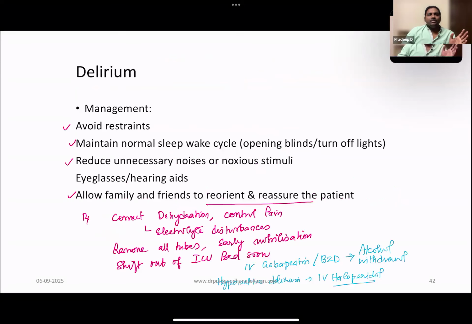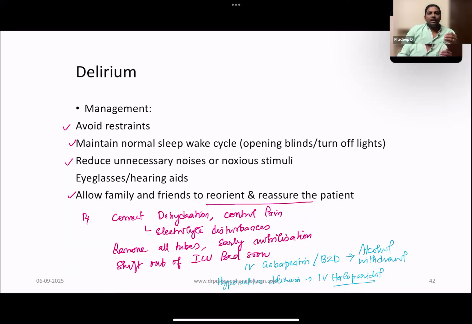The management generally includes avoiding restraints. Why? Because it will stimulate the hyperactiveness of the patient. You maintain a normal sleep-wake cycle and reduce unnecessary stimuli. Eyeglasses and hearing aids can be provided to determine the normalcy recovery period of the patient.